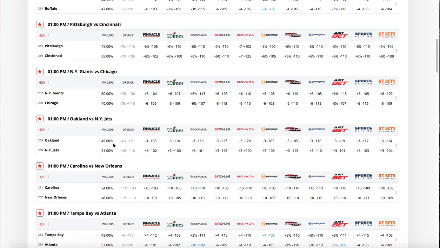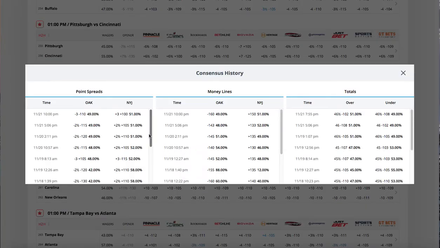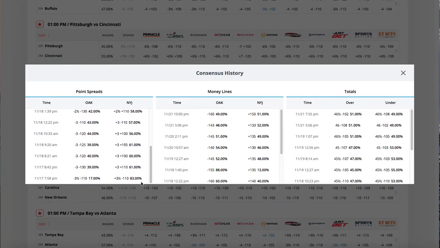Okay, so let's look at this. It opened up at Jets plus 4.5. Now it's Jets plus 3. It was Oakland minus 4.5. Now it's Oakland minus 3. Actually, they said 4. I think that was an error there. Should have been 3.5. Okay, so let's look at this.